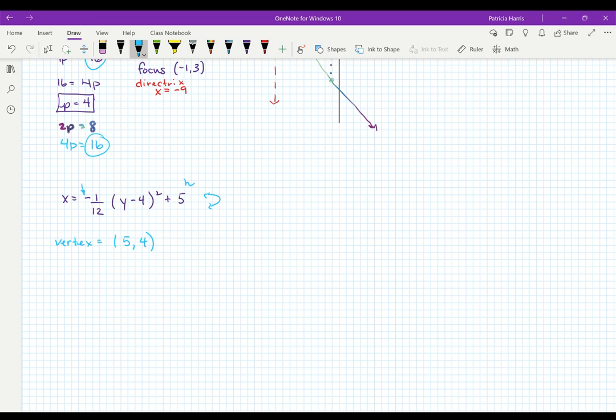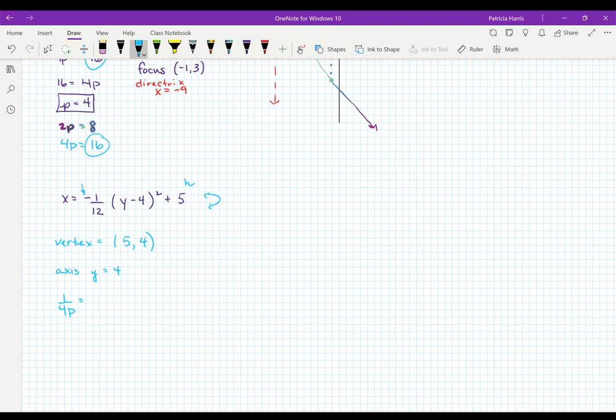Cool. Now my axis of symmetry, since it is side to side, is going to be a y value. y equals 4. Now we're going to find who p is. So 1 over 4p.